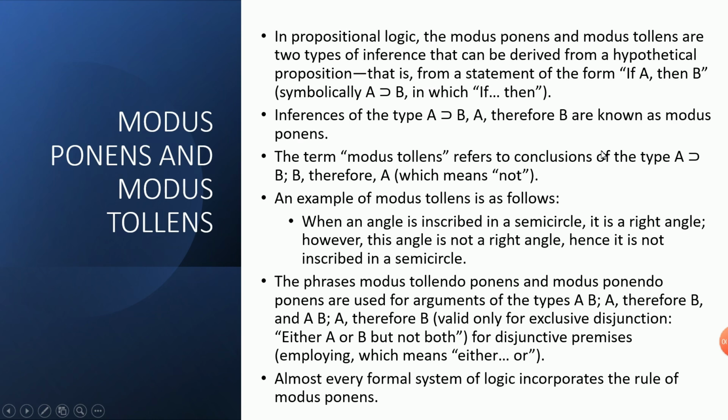That is how they are arriving at this. So we are drawing conclusions based on a statement. One complete statement is given. So here the second statement does not comply with the first statement. So we are arriving at the conclusion that the angle is not inscribed in the semicircle. This is known as modus tollens. Modus tollens means it is conclusions.